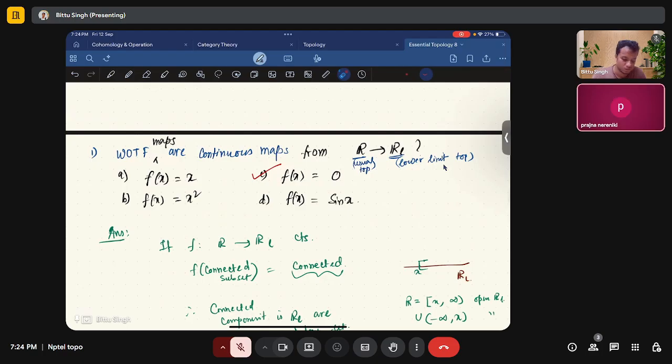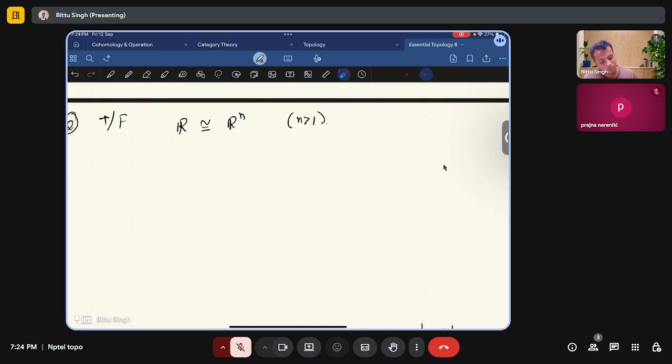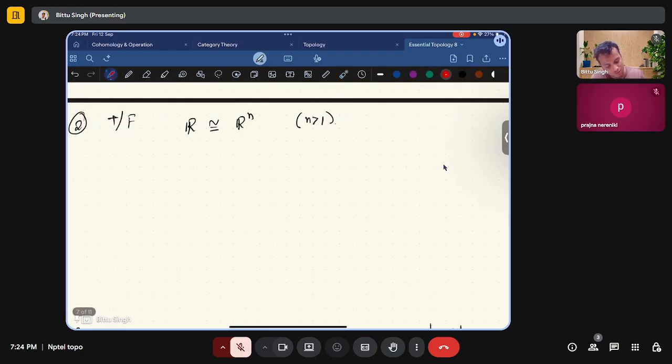Yes, sir. Okay. So is R homeomorphic to R^n? Is it true? This is not true. How can you see? Again, the path connectedness property is preserved under homeomorphism.